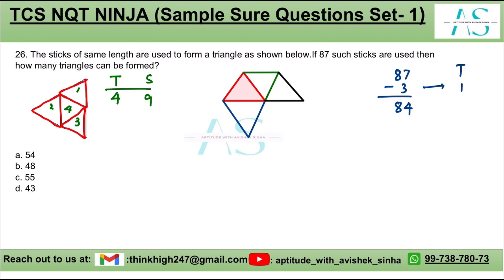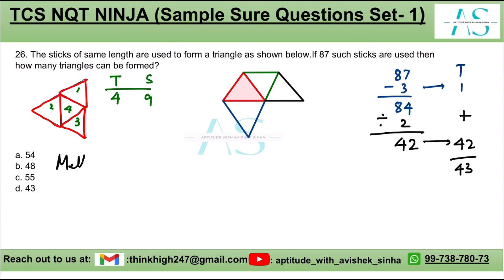Now with 84, every 2 sticks give a triangle, so divide this by 2. 84 divided by 2 is 42. So we can have 42 triangles plus 1, that is 43 triangles in total using 87 sticks. That is the most logical way of looking at it.